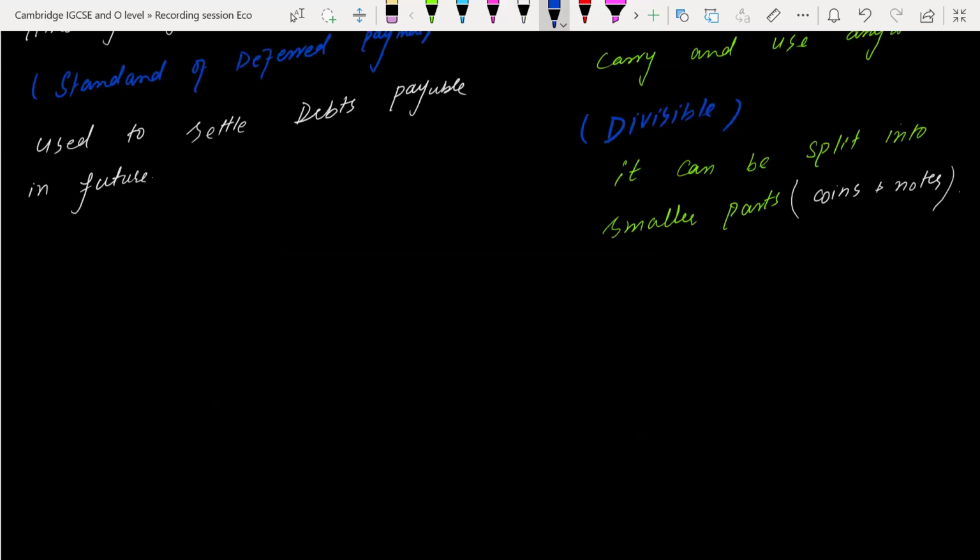Next, uniform. We can say uniformity also. Uniform means all units of money should look and feel the same to avoid confusion.